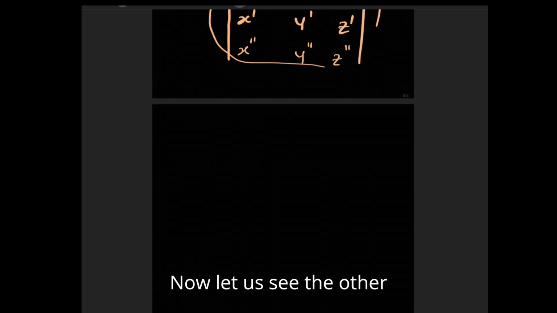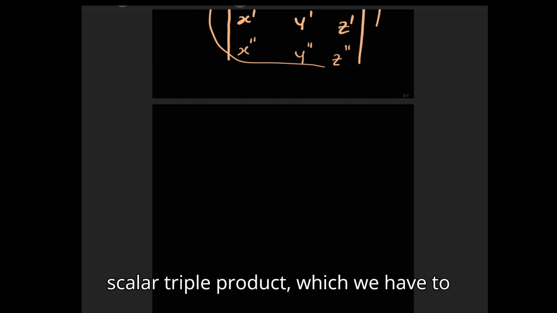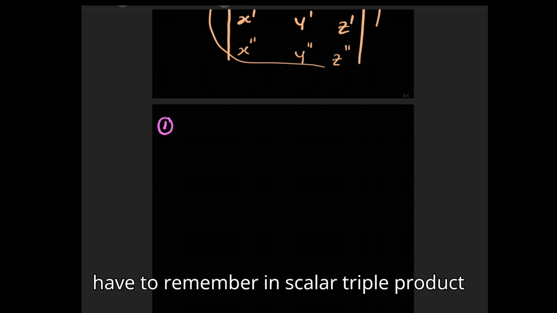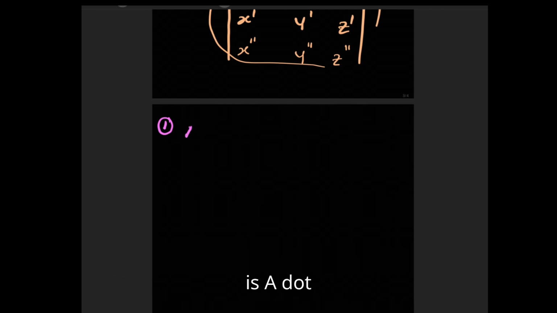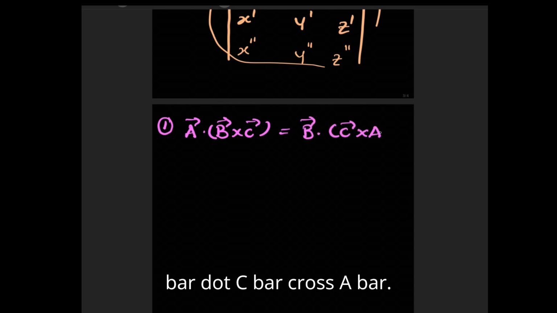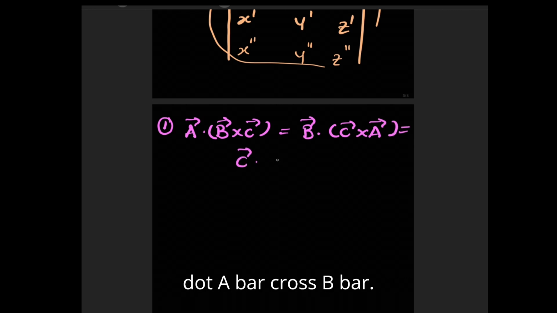Now let us see the other rules that are followed by scalar triple product, which we have to define here. The first rule we have to remember in scalar triple product is a dot b cross c is equal to b bar dot c bar cross a bar, which is again equal to c bar dot a bar cross b bar.